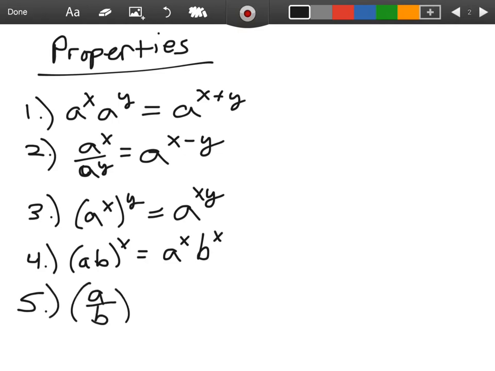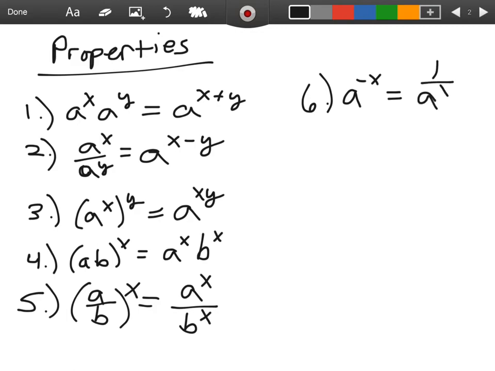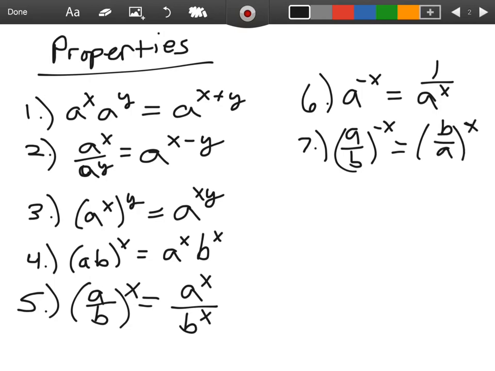And we can extend that to division as well. If you have a negative exponent, it can be written as a positive exponent in the bottom part. If you have a fraction, it can be flipped with a positive exponent.